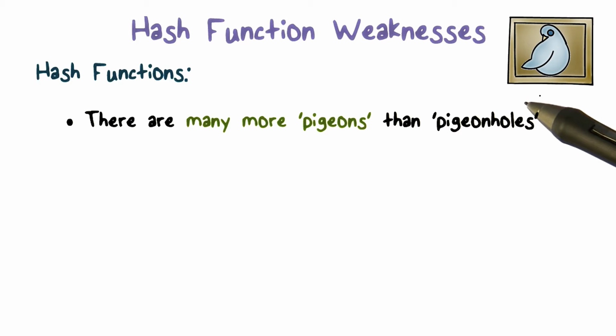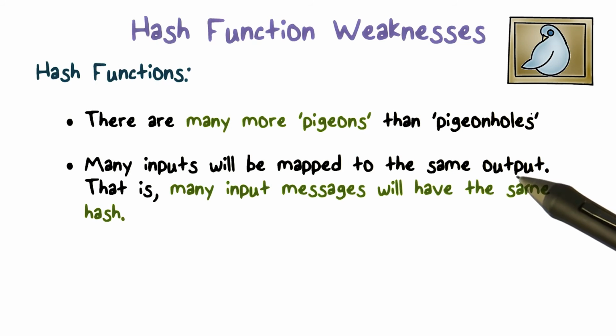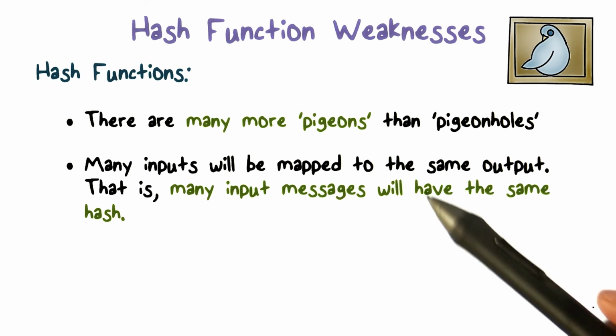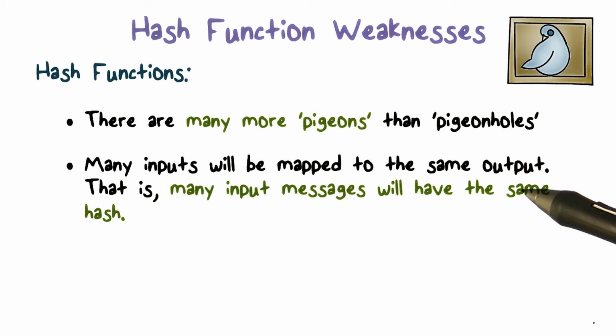On the other hand, since the input to hash functions can be of any size, there are many more possible inputs than possible outputs. In other words, there are many more pigeons than pigeonholes. Then, applying the pigeonhole principle, many inputs will map to the same output hash value. In other words, many different input messages will have the same hash value. But this violates the property of collision resistance.